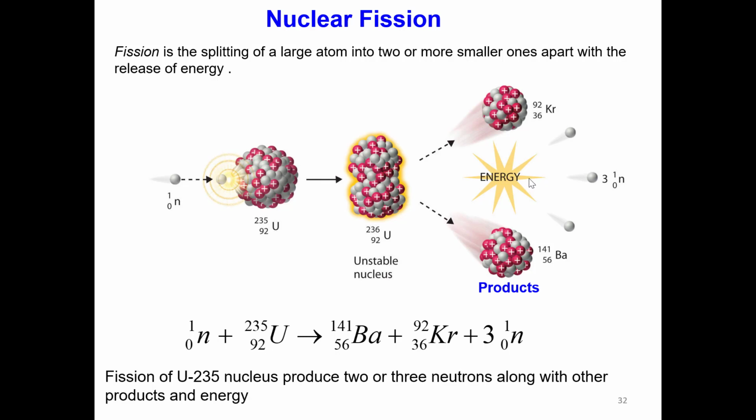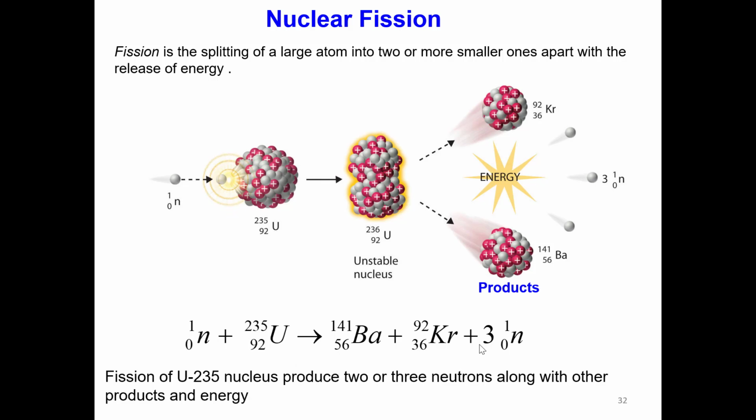and also releases 3 neutrons plus energy. In this case, the uranium is the large atom and it splits into two smaller ones, which are krypton and barium. This is the equation that represents the fission reaction, and you can see on the reactants side we had one neutron and the uranium.